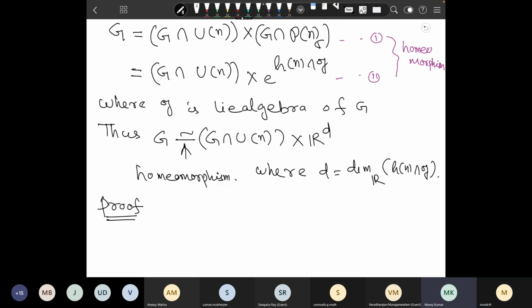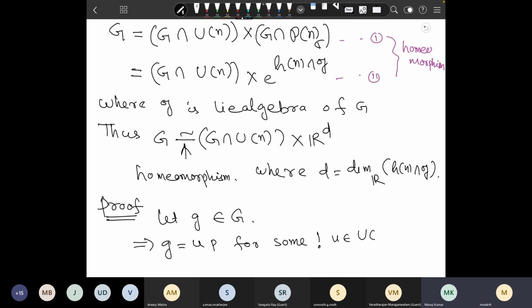Proof. Let g belong to G. Since G is a pseudo-algebraic group, by definition it is a subgroup of GL(n, C). This implies g is equal to UP for some unique U belonging to UN and P belonging to PNC. This follows from the polar decomposition of GL(n, C).